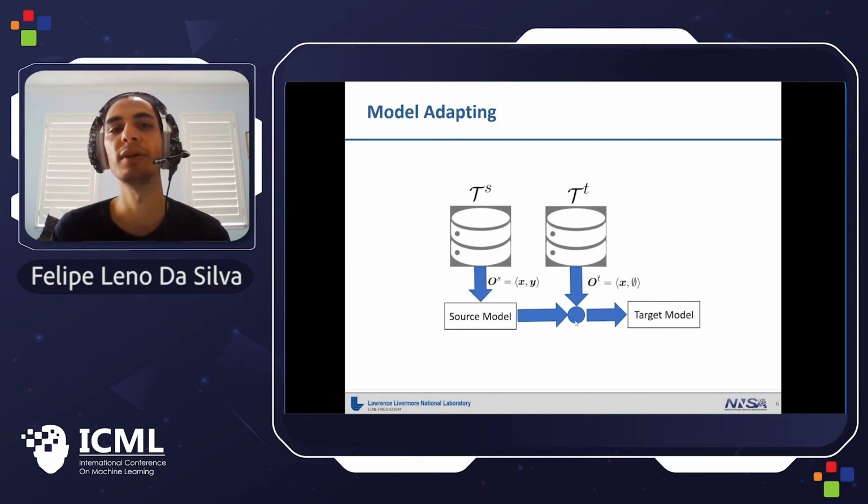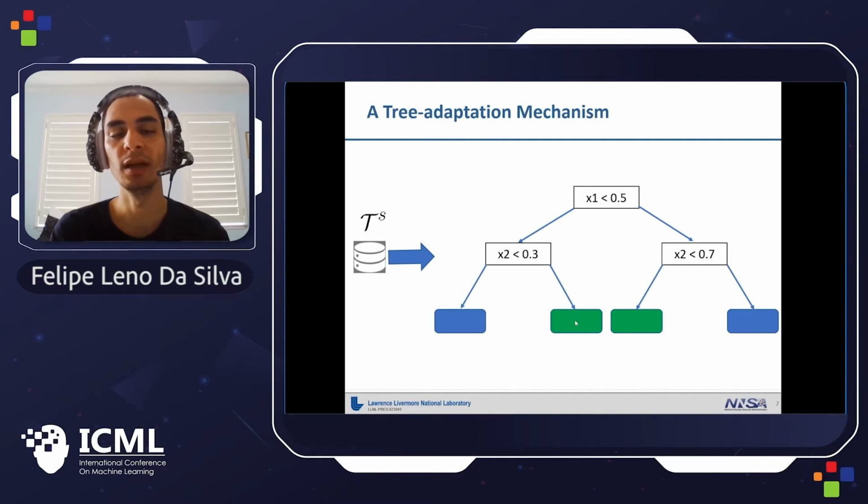Another scenario is the model adapting scenario, which should be used when you have data for the target task, but you don't have labels for it. So what we do here is train a model using the source task, and then we build a new model based on how the observations change from the source to the target task, even though we don't have the labels for the target task.